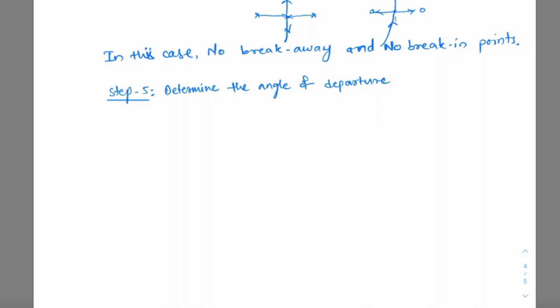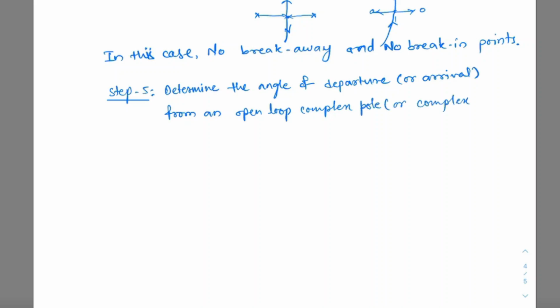Locate the angle of departure or arrival from an open loop complex pole or open loop complex zero. So we are considering the case where k is positive.